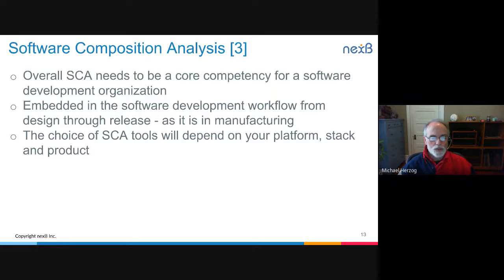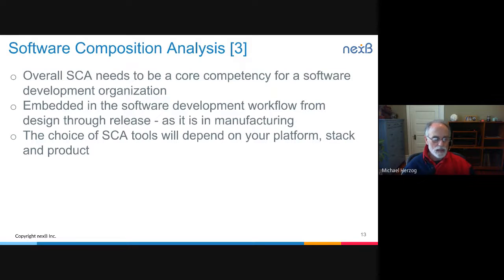And the choice of your tools will depend on your platform, meaning your operating system, and are you cloud, or are you on a phone, or where does your software run? Particular technology stack you've selected, and the product itself. What does the product do? Who are the customers? What's the footprint of the software in the product?